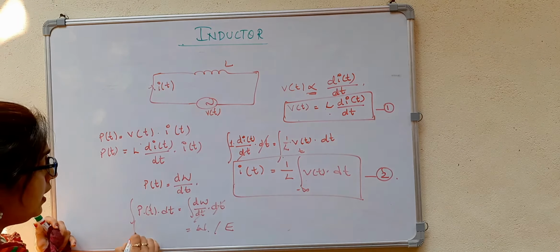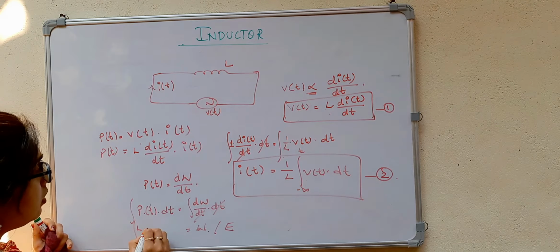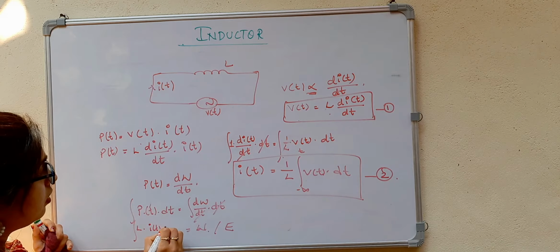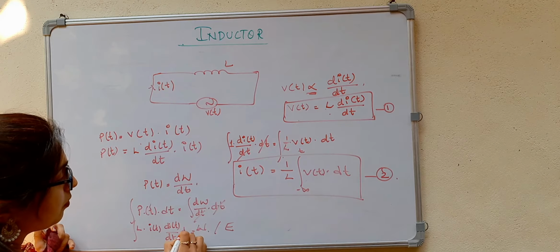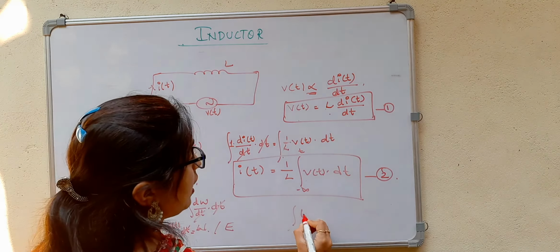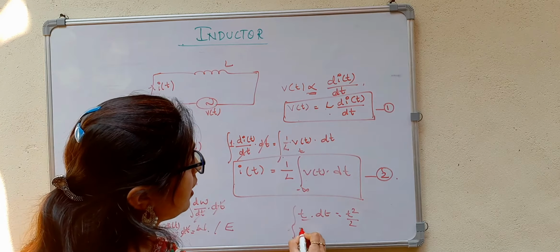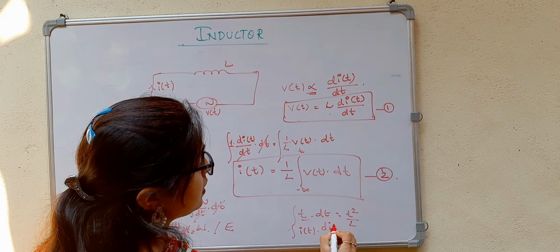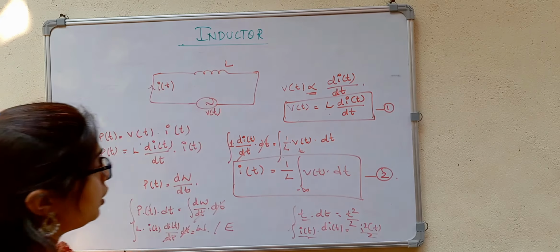So for the integral of P of t dt, instead of P of t, I will write L i t di t dt into dt. The dt cancels, so i t into di t gives i square t divided by 2, just as t into dt equals t square by 2.